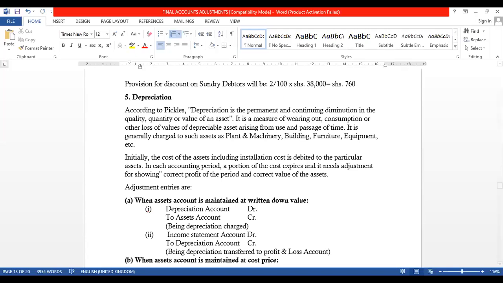Is it practical for you to be able to sell it at 20,000 this year? No. And the reason is it has depreciated in value. The value of that phone has gone down. And therefore, that is what we call depreciation.